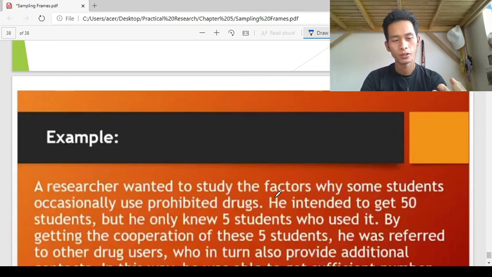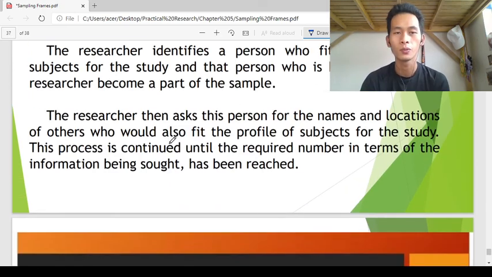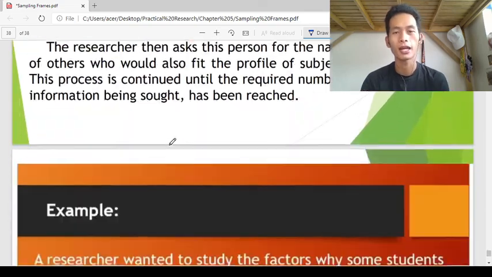So for you to reach the 10, these 3 will refer to another person, di ba? Like si number 1, i-refer niya ka sa another makeup artist. So kato iyang gi-refer, mo na pong imuhang respondents. That is snowball sampling, referral.